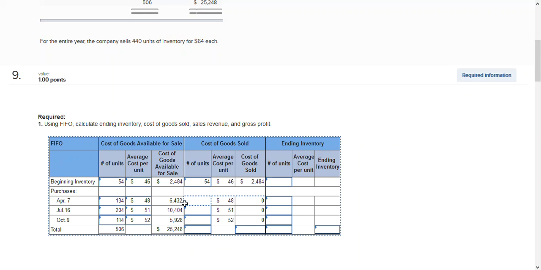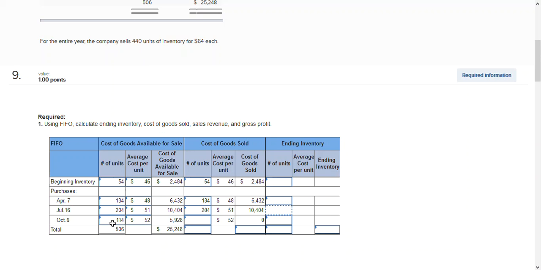There are actually 134 units here, so we're going to sell all of those. I'm going to subtract those on my calculator to keep a running total. At this point I need to account for 252 units, which means I will sell all 204 of those. I'm going to type that in and subtract that out on my calculator. If I take the 440 minus all of these 54, all of those 134, and all of those 204, that leaves me with 48 more units to account for.